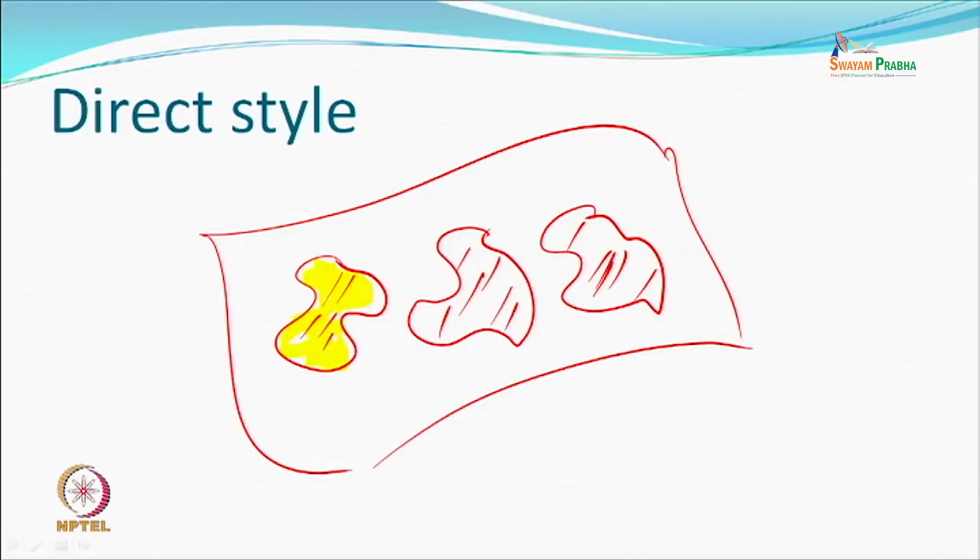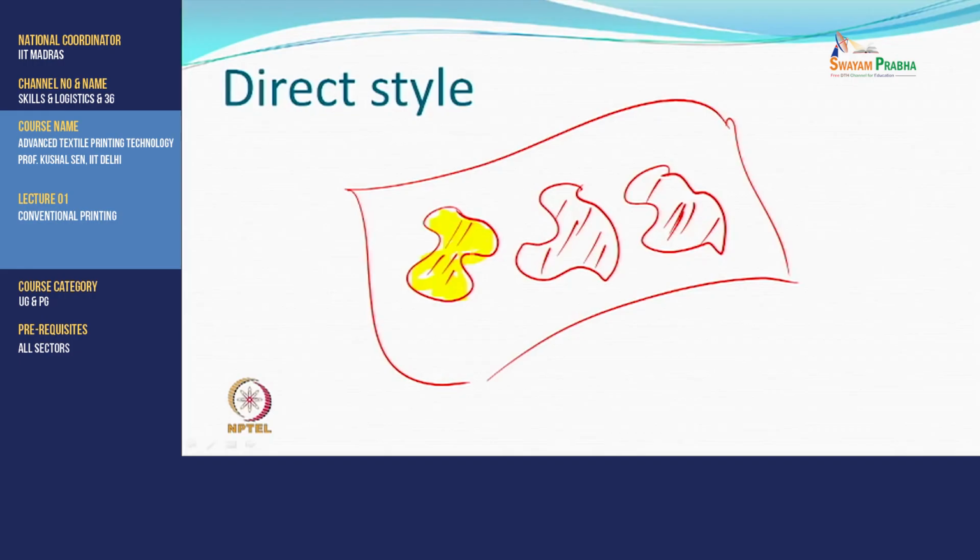So whatever the design, you print it on the fabric, right? That's one. You can have 4 colors, so you'll have 4 different times you have to work, so that 4 different colors and 4 different parts of the design become the main design.